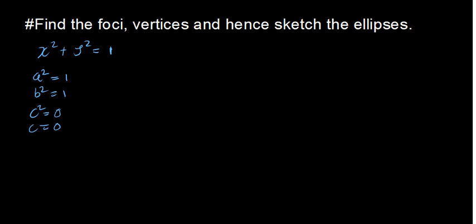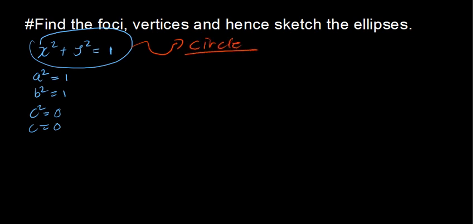Okay, so this is a special type of conic section. I mean, this is a special type of an ellipse. It's an ellipse, but it's a special kind of an ellipse. And if you have watched the previous videos, you will understand that this is simply a circle. That is a circle whose radius is equal to 1.